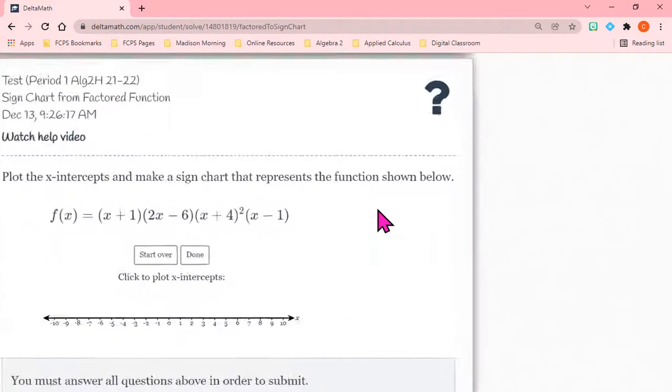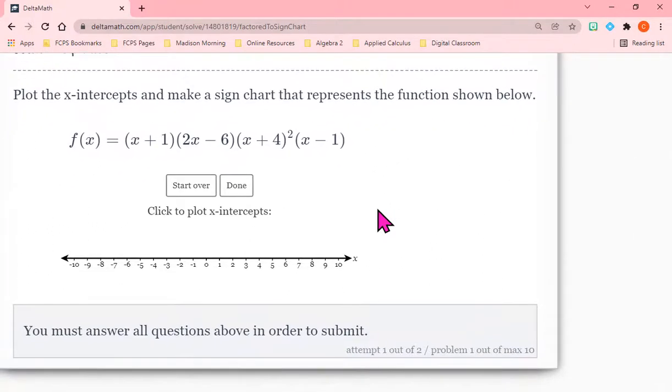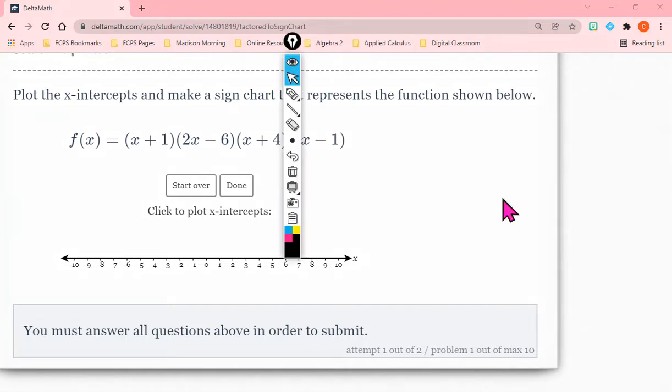All right, look at this. Okay, here's how your sign chart works. Notice that I'm not asking for the whole graph. I'm just asking for above and below. So when you get your sign chart question, it's just an extension to creating the graph.